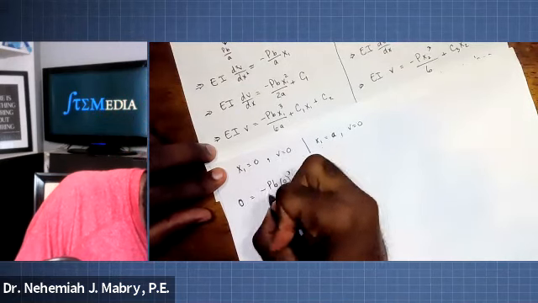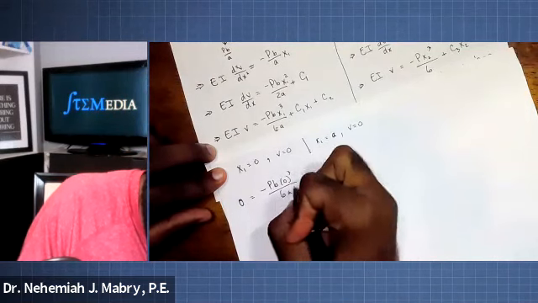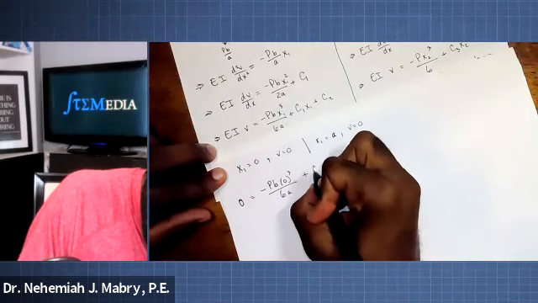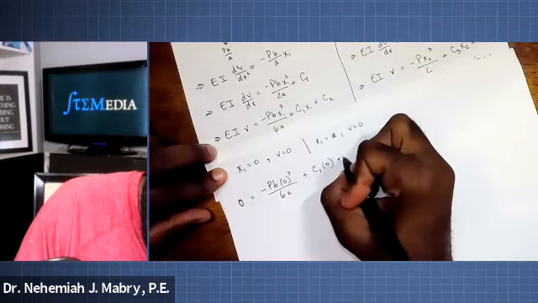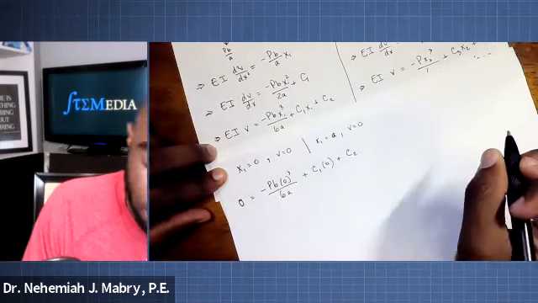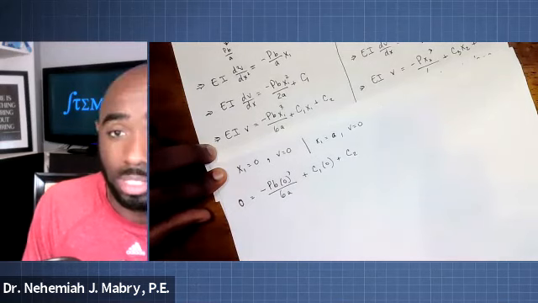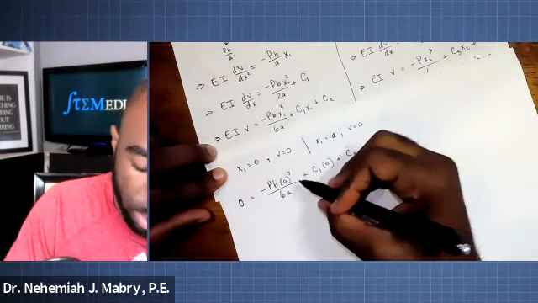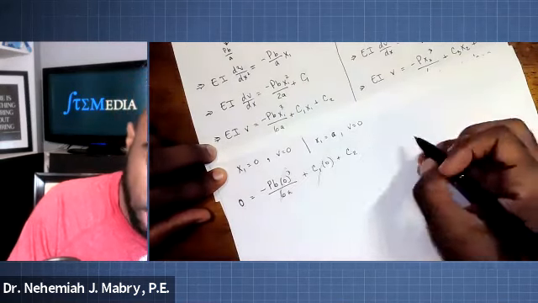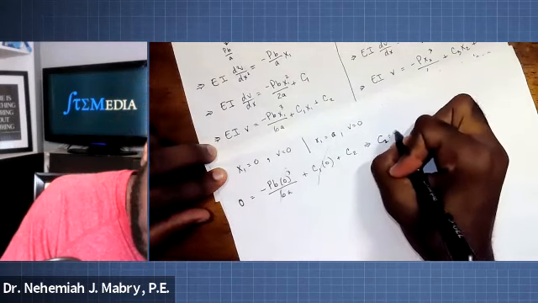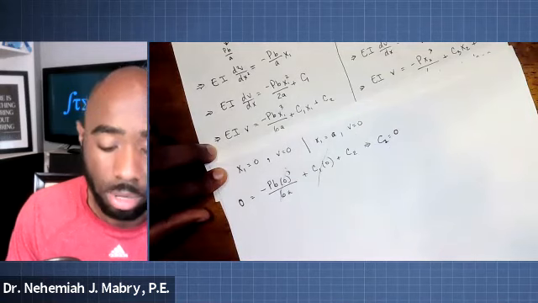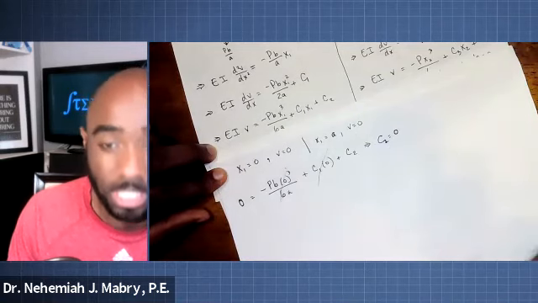So 0 over 6A plus C1 times 0 plus C2. What does this tell us about C2? This is going to be canceled out with the 0, that's going to be canceled out with a 0. Therefore, C2 is equal to 0. That's the first thing that we know.